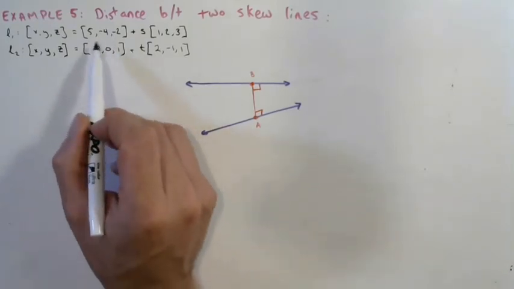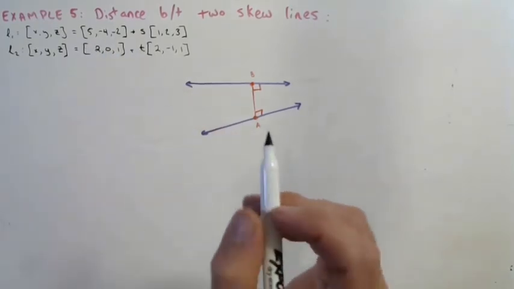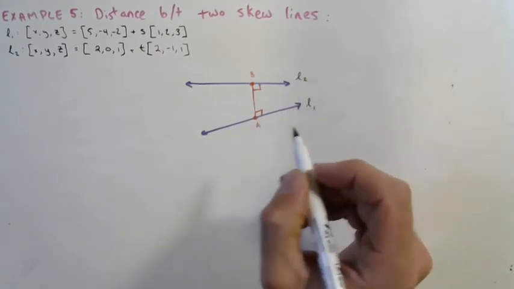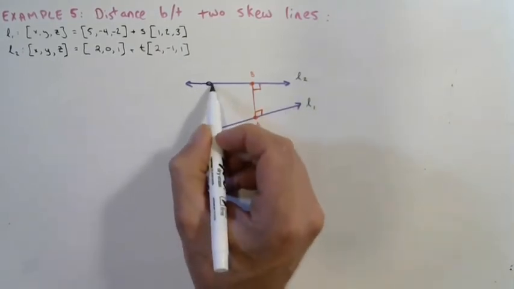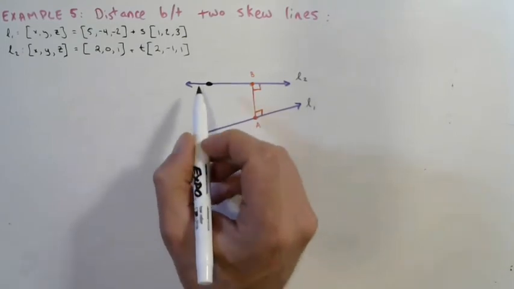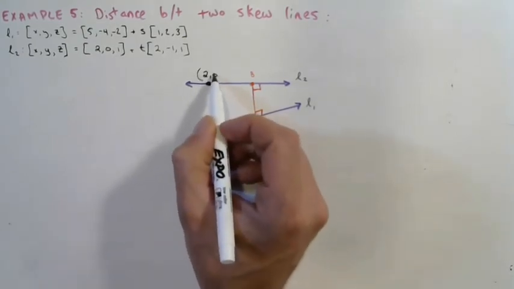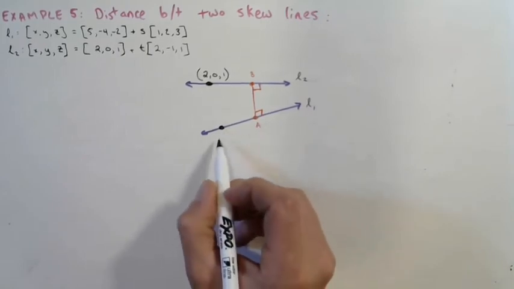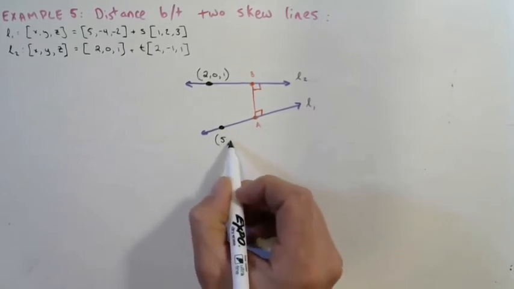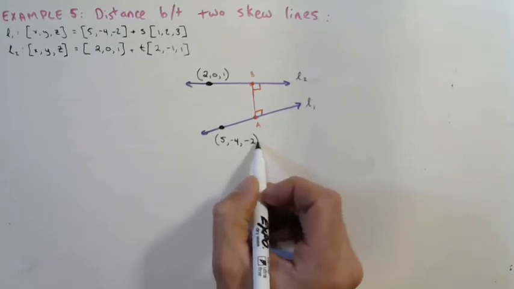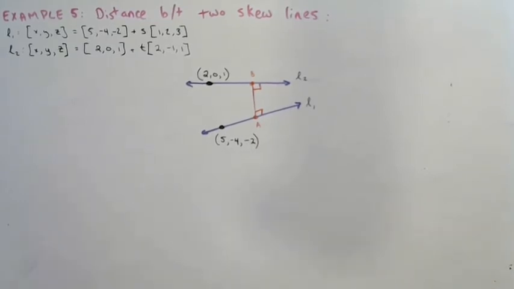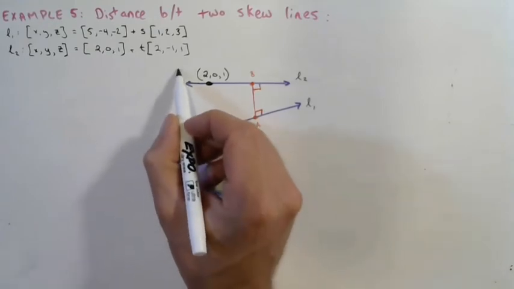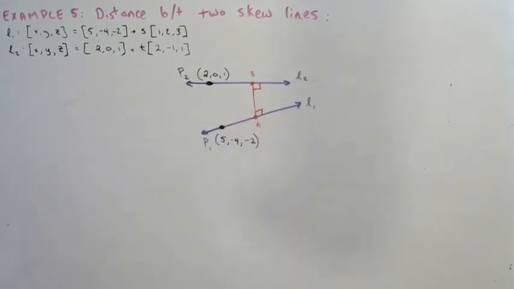All right, so we're given a point on each line as well. I'm going to label our lines. This is going to be L2. This is going to be L1. We're given a point somewhere on L2. The point is 2, 0, 1. And we're given a point somewhere on L1. That's the point 5, -4, -2. And we can label our points. This is P1, and this is P2.